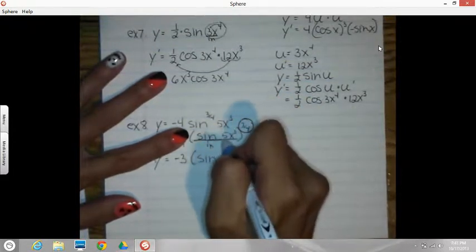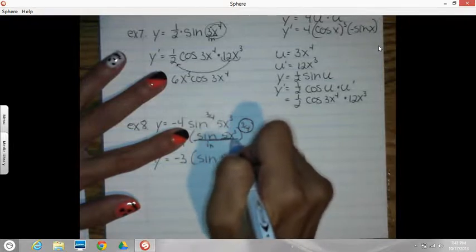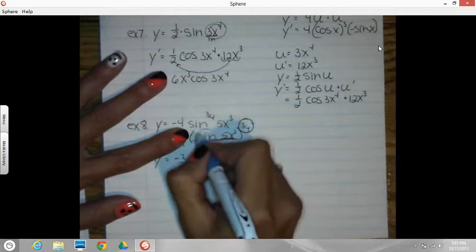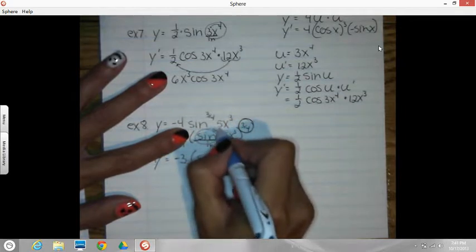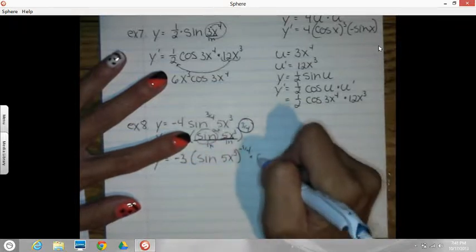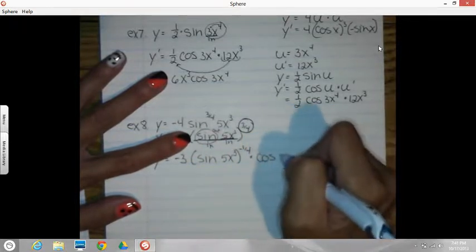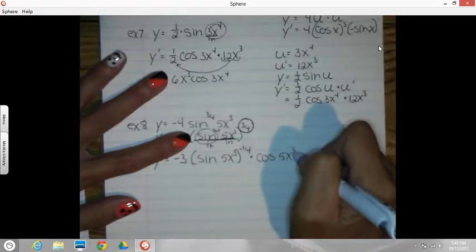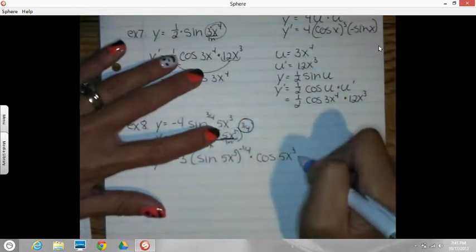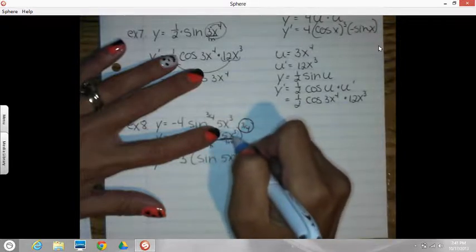So I've got an inside within the inside. So my outside here is the sine. So I'm going to do the derivative of sine next. The derivative of sine is cosine. Keep the angle the same. But now I still have to multiply by the derivative of the angle. That'll be 15x squared.